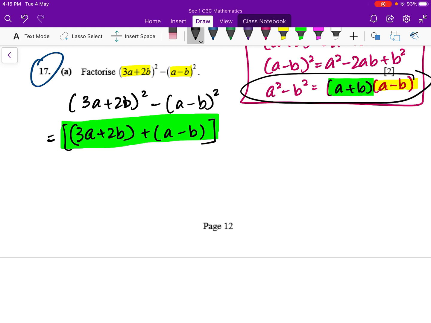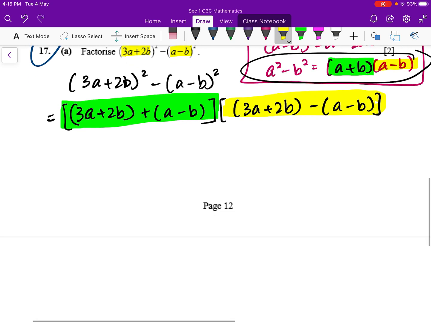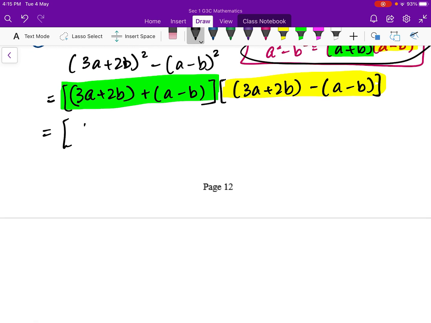So let's get started. Next will be our 3a plus 2b, we're going to subtract away a minus b. So this is the other half of the expression. Now it gets simplified really quickly. So 3a plus a, we get 4a. 2b minus b is plus b.